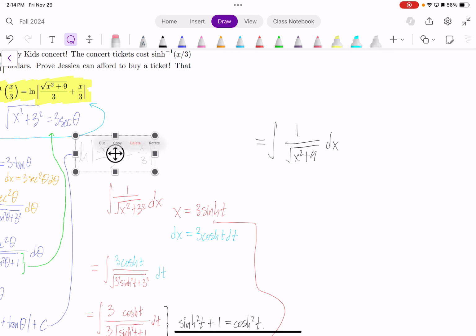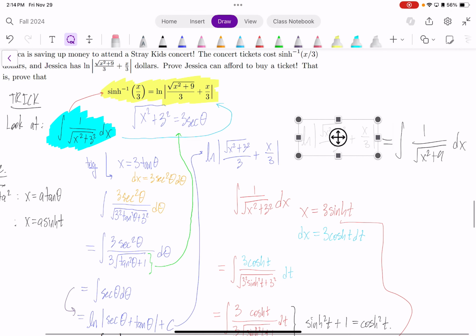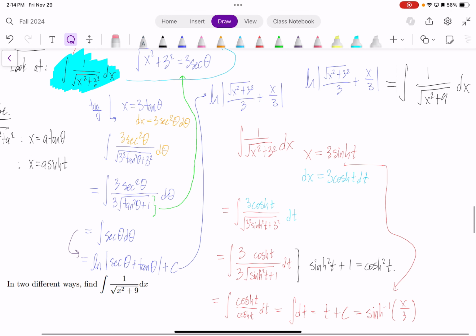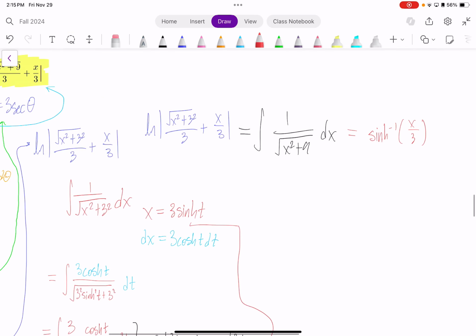We showed in blue that that's equal to this, and in red, we showed that it's equal to this. So this is the moral of the story. We computed that the integral is equal to the left, and we also showed the integral is equal to the right. So those two things have to be equal as well.